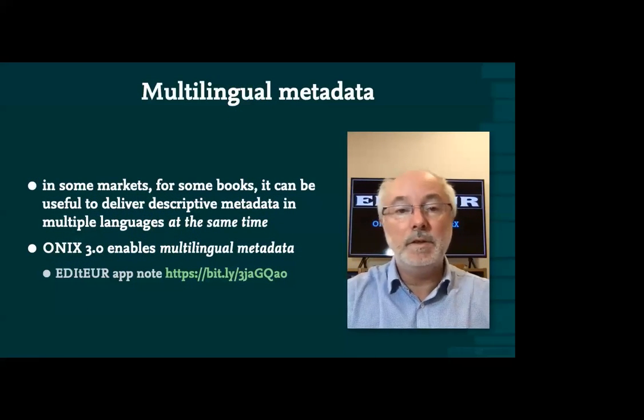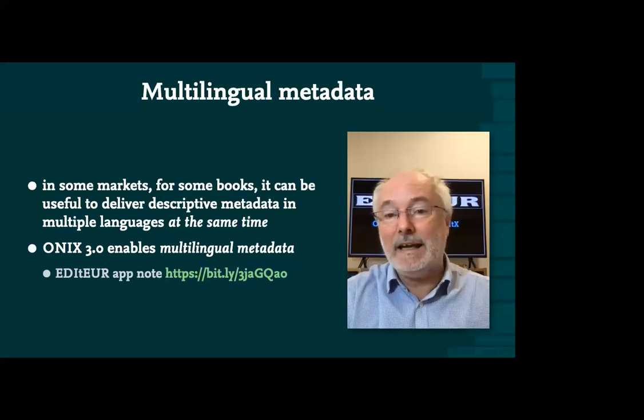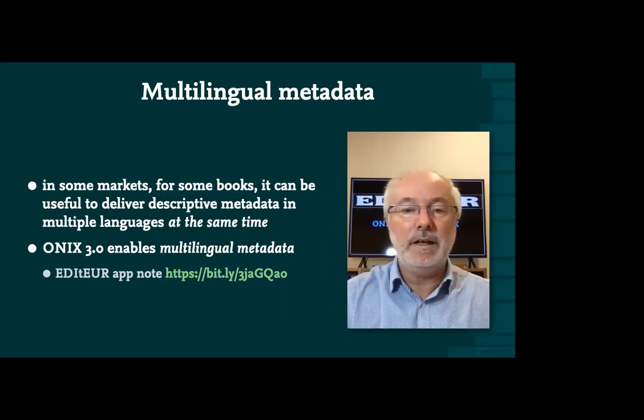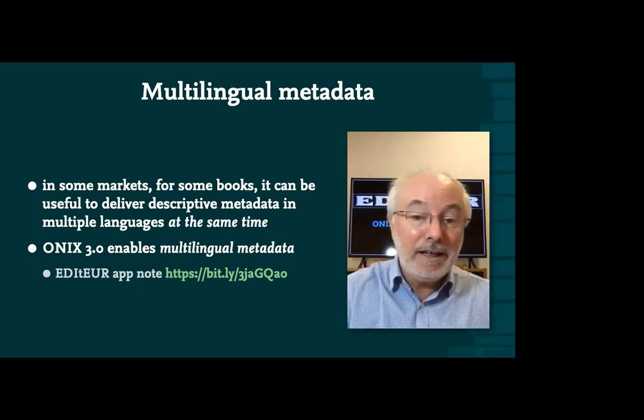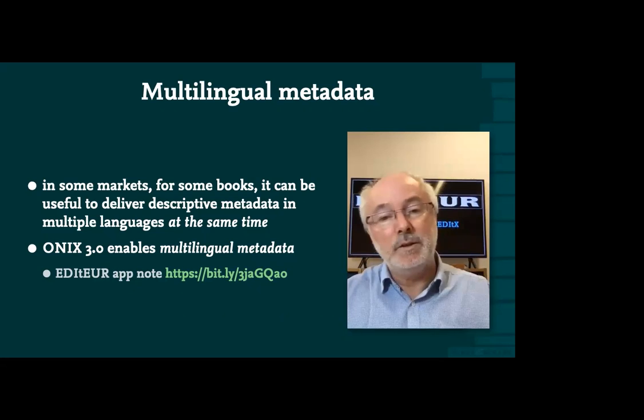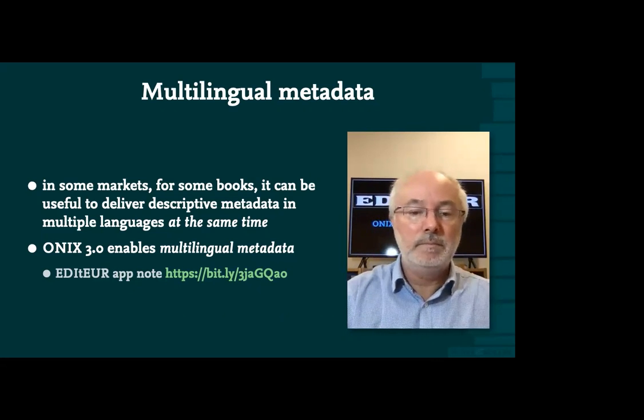Because it's suitable for global use, it's obvious that ONIX is designed to work for books that are written in more or less any language. Whatever language your book is written in, you can specify it in ONIX. Maybe it's a little less obvious because all the ONIX long tags are English words, but your metadata can also be in any language. Whatever language you want your short description or your biographical note to be in, you can include that.